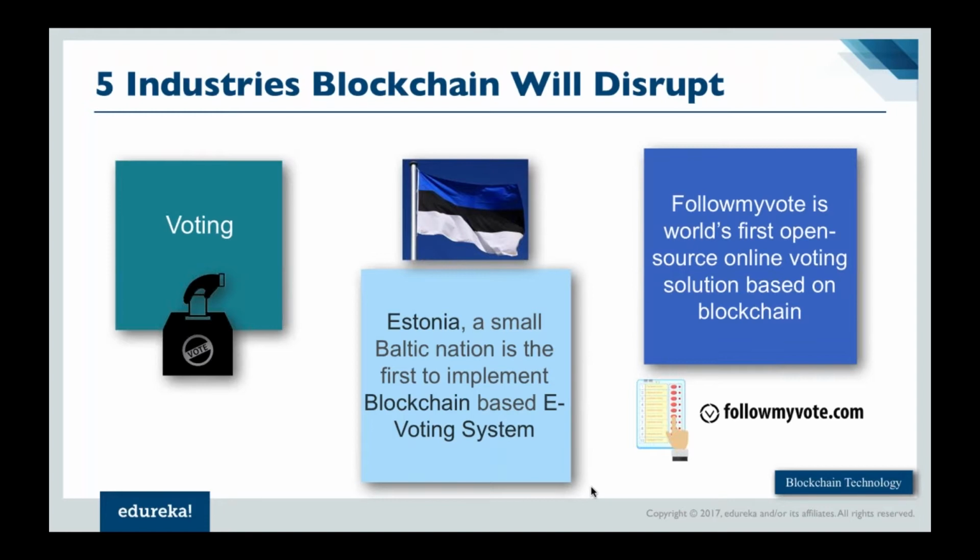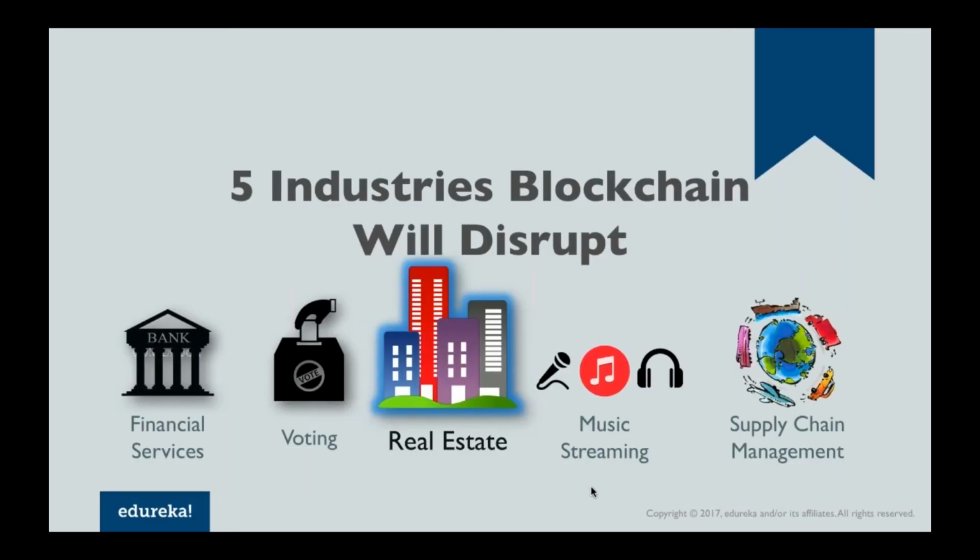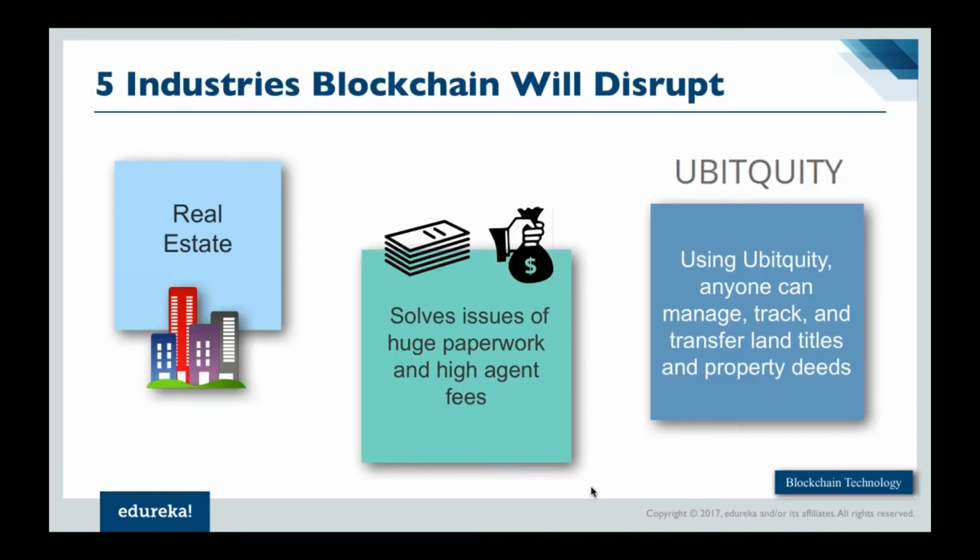If we talk about real estate, there is a lot of paperwork. Using blockchain solves the issues of huge paperwork, and there are a lot of intermediaries, agents involved to process real estate related transactions, right? So there is a solution built using a platform called Ubiquity, and anyone can manage, track, and transfer land titles and property deeds using blockchain.